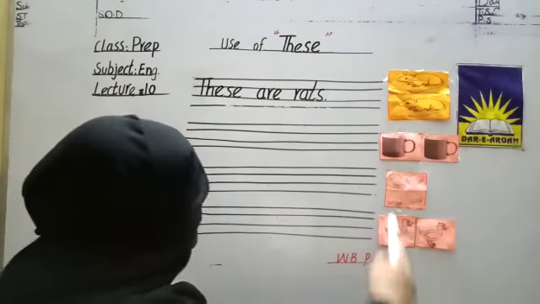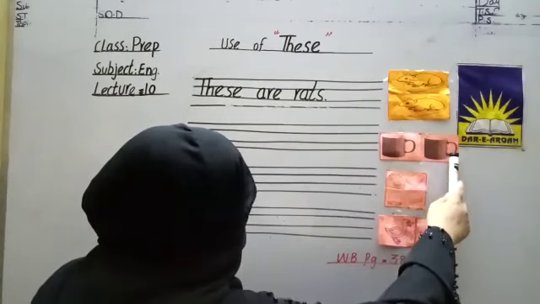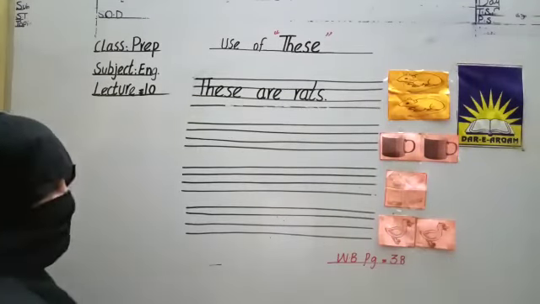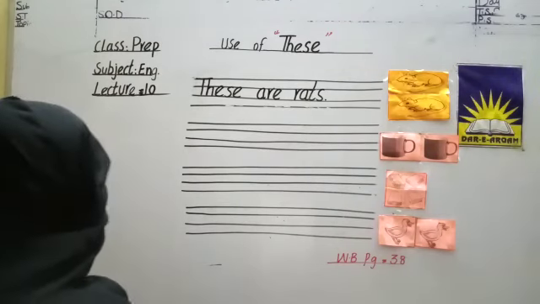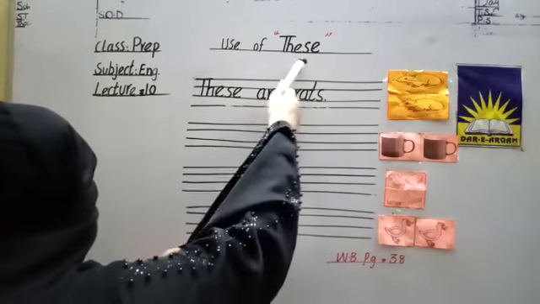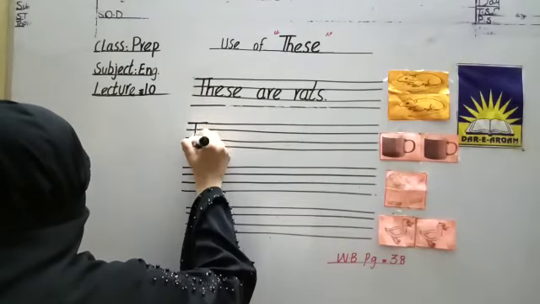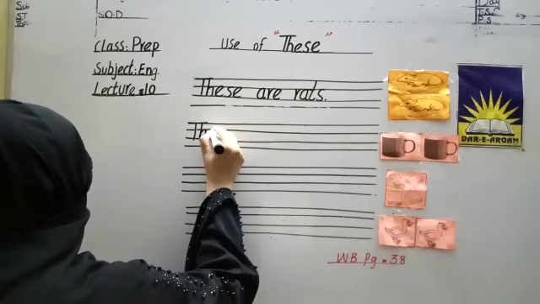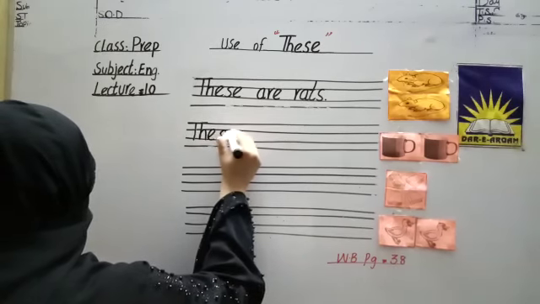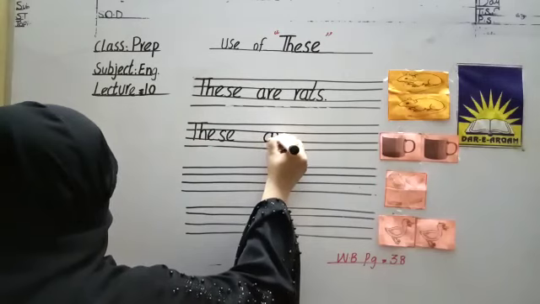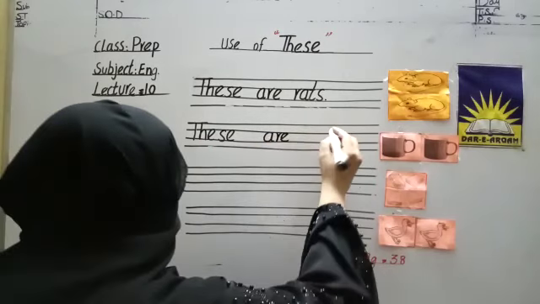Okay, look at the next picture. What is it? Yes, good. Cups. We make a sentence by using these. These are cups.